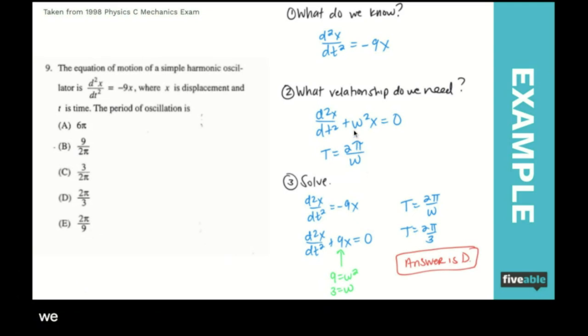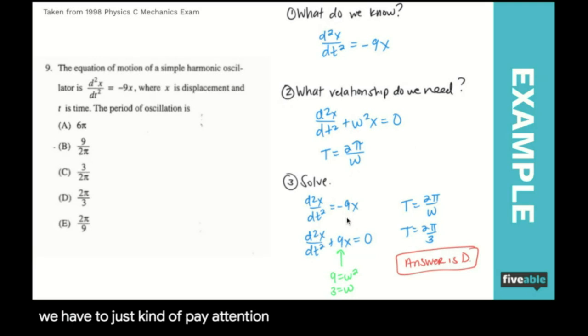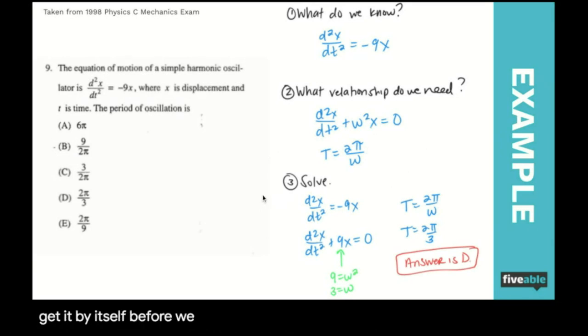We probably forgot that it was squared, which is no big deal. That's why we have to pay attention and make sure that we take that square root first. The angular frequency squared is kind of weird, so just remember to get it by itself before we answer.